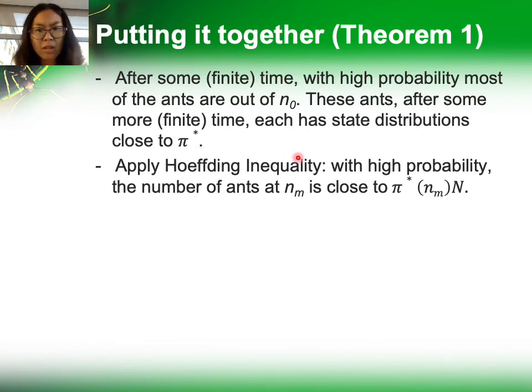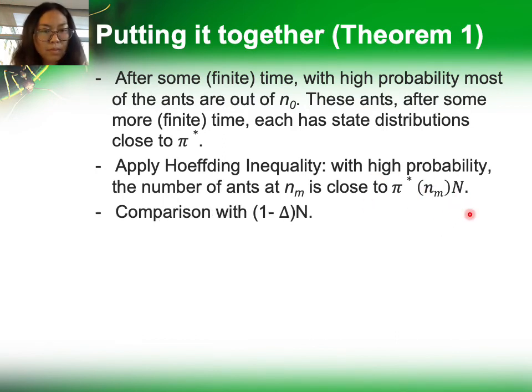This is because after a finite time, ants not in N0 all transition independently. So applying this, we get that with high probability, the number of ants at Nm is close to pi star times the active ant population.